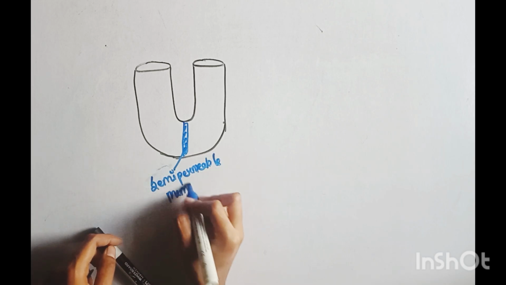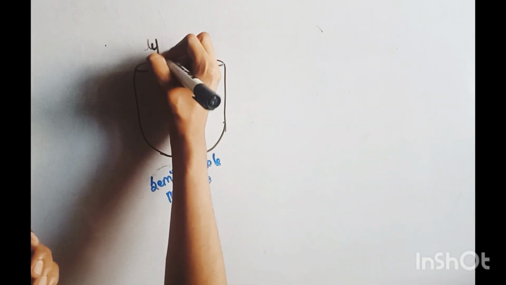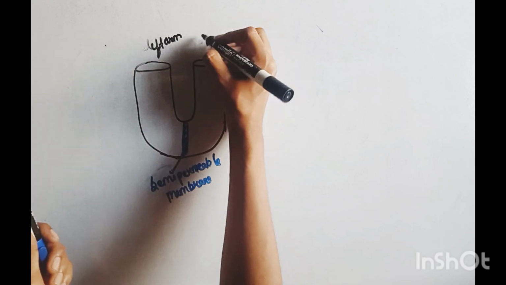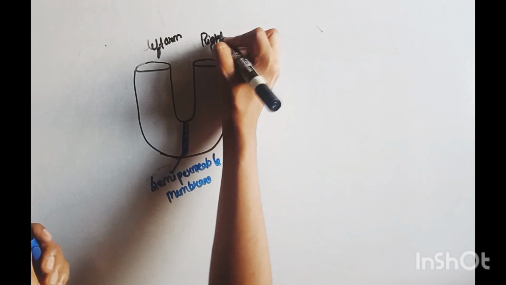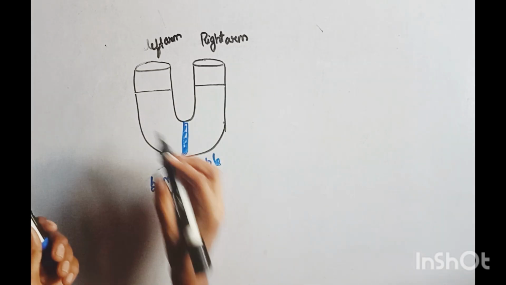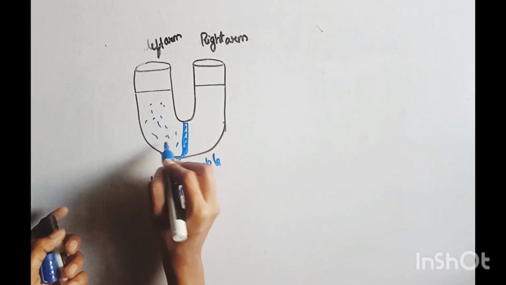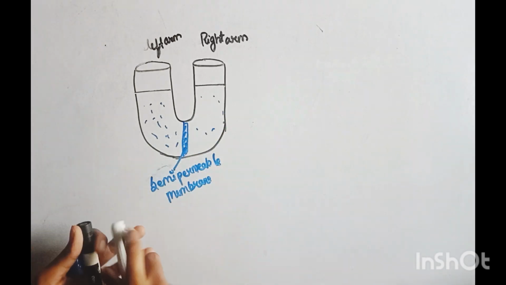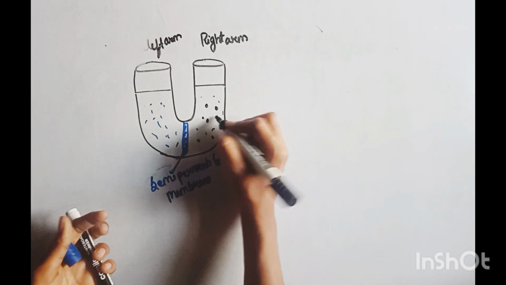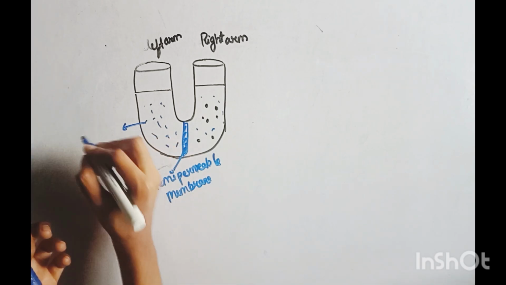This is the left arm, and this is the right arm. In the left arm, pure water is present, meaning only water molecules, and in the right arm, solute plus solvent are both present.